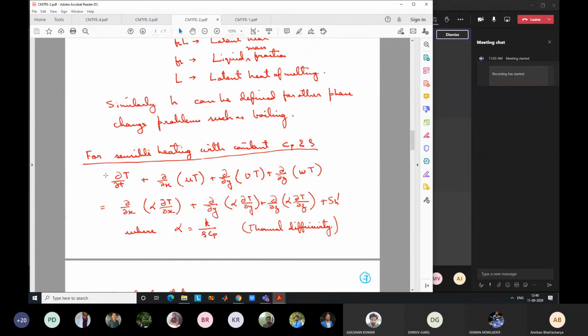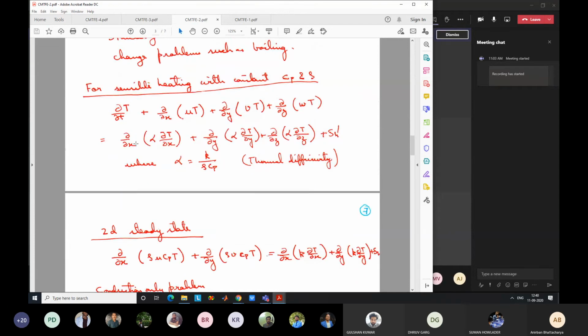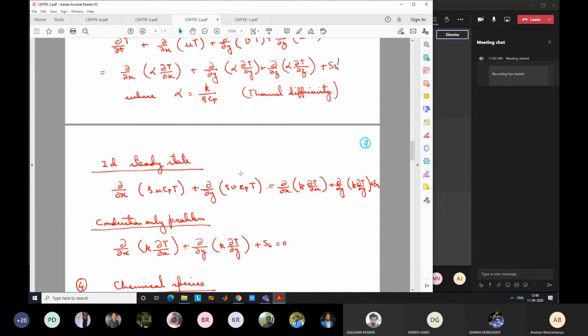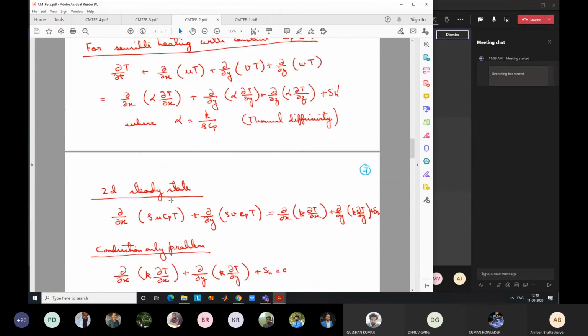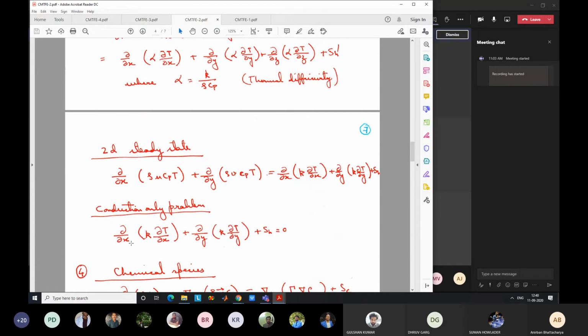For steady state, the transient term was not present, and if it is only a conduction problem, the convection term is not present. If there is no source term, we have only the diffusion term. And if alpha is constant, we can take out alpha also. So you will be left with a form like this.